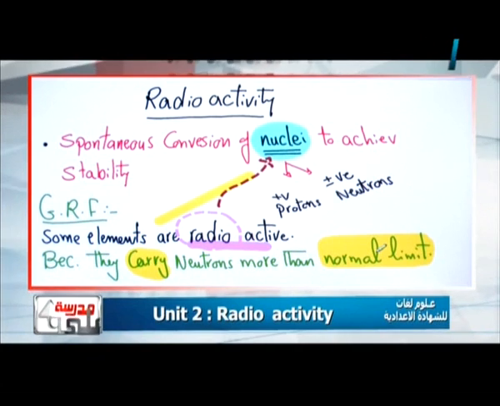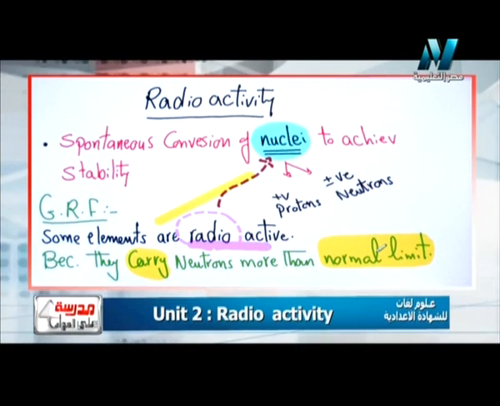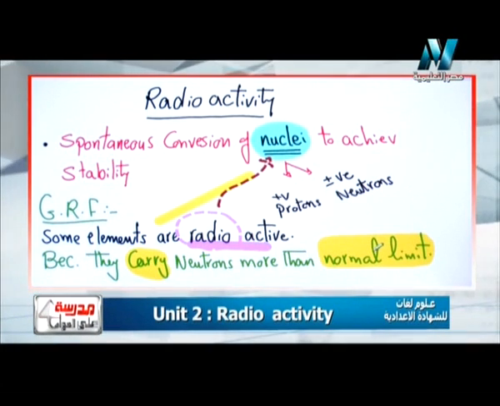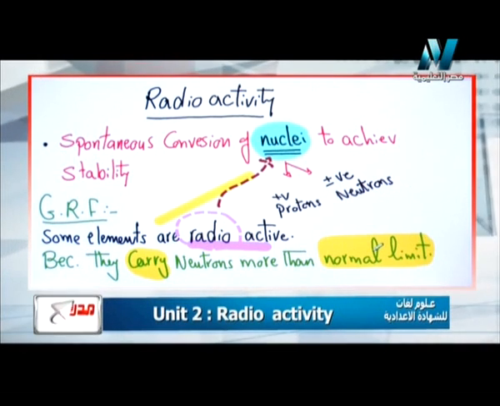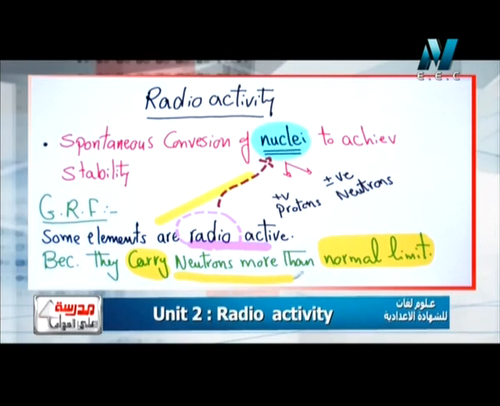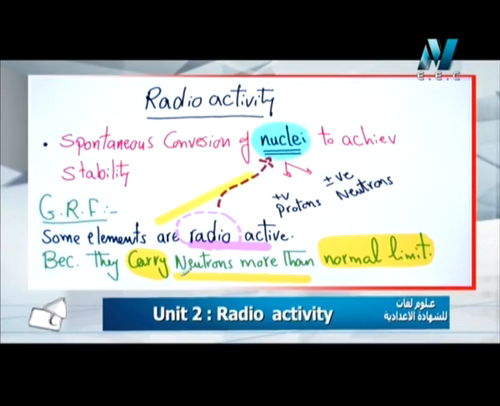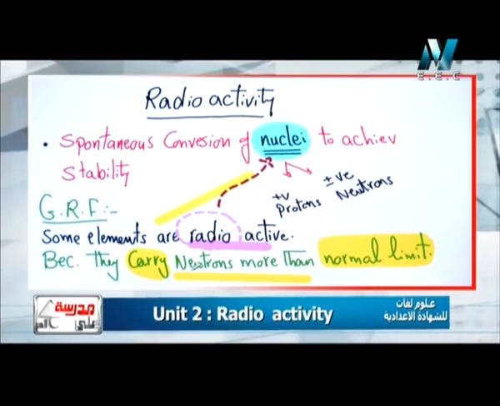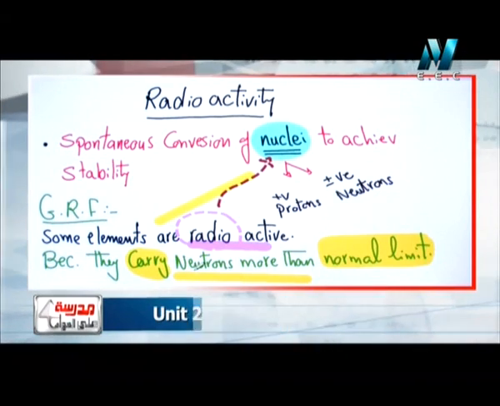So this element is called a radioactive element or has the radioactivity phenomenon because they carry neutrons more than normal limit. Okay? So now, dear students, we know why these elements are called radioactive elements, and why this radiation can't be seen.